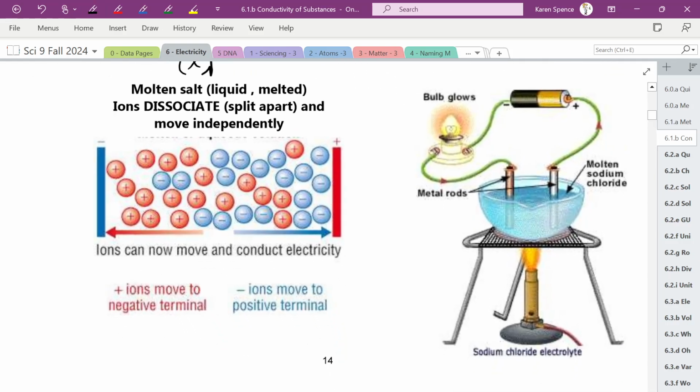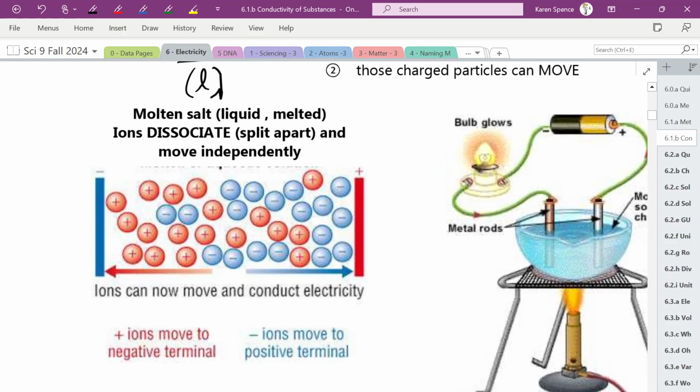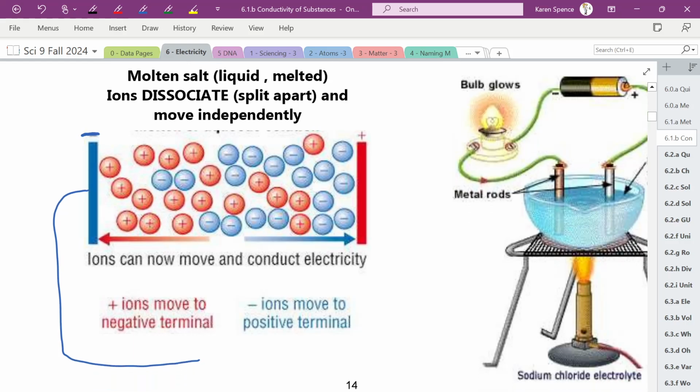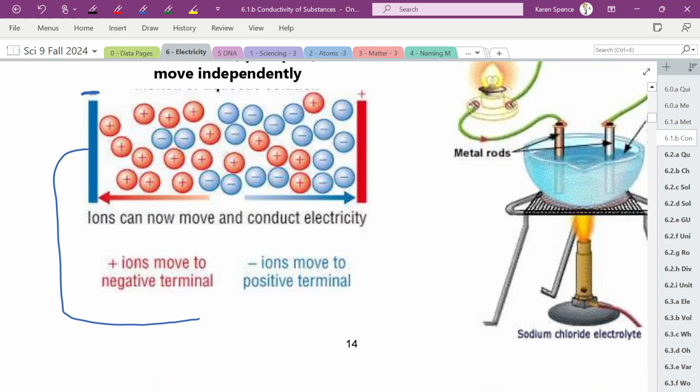All right. So if you look at a melted solid, if we have a negative plate over here, that would be attached to the negative terminal of the battery.